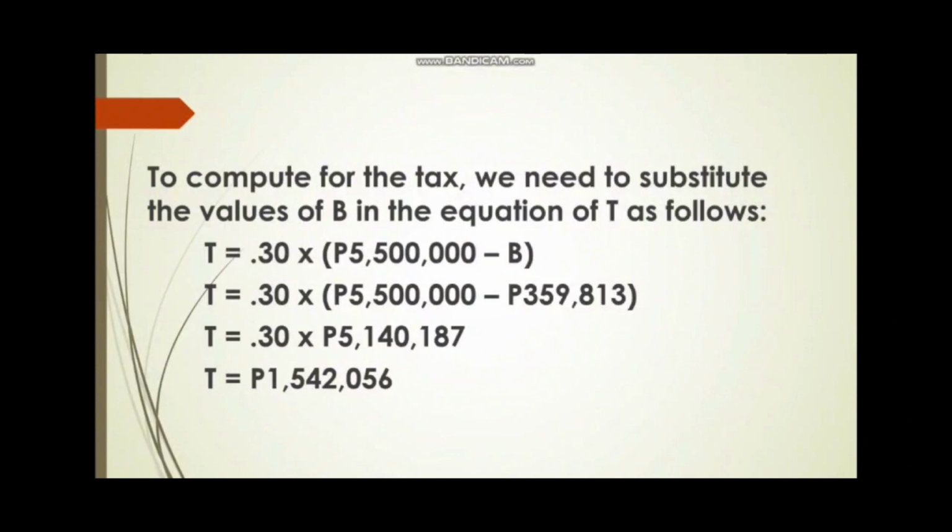To compute for the tax, we need to substitute the value of B in the equation of T as follows. T is equal to 30% times NY of 5,500,000 minus B. Tax rate of 30% times 5,500,000 minus the bonus we computed earlier, which is 359,813.